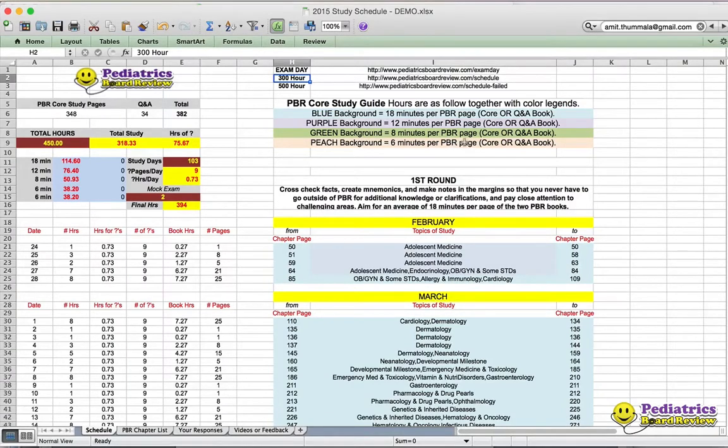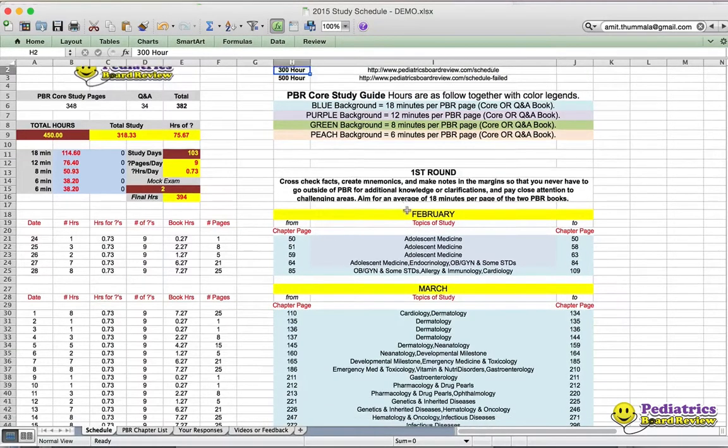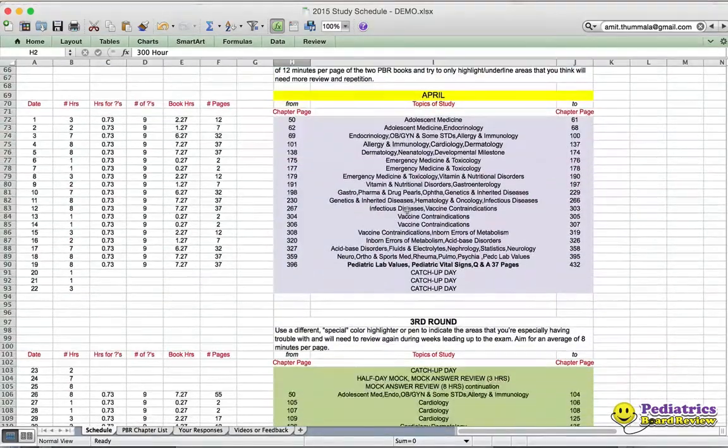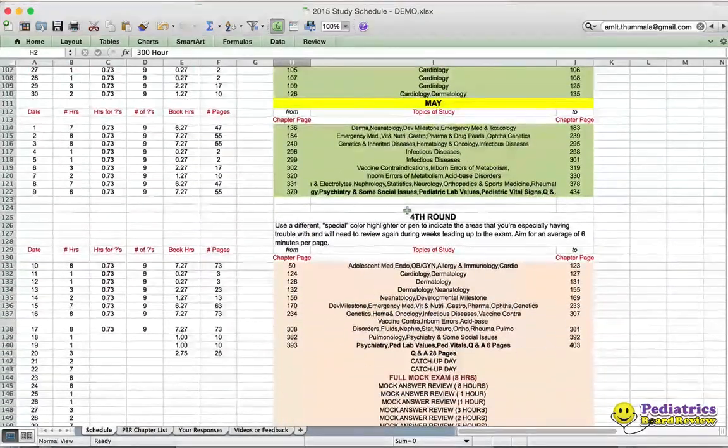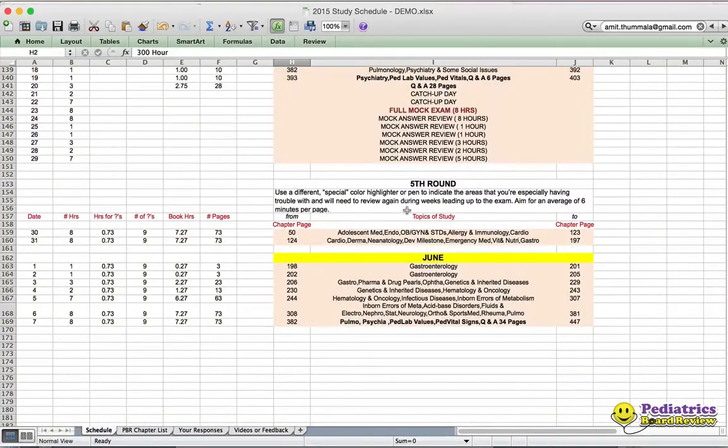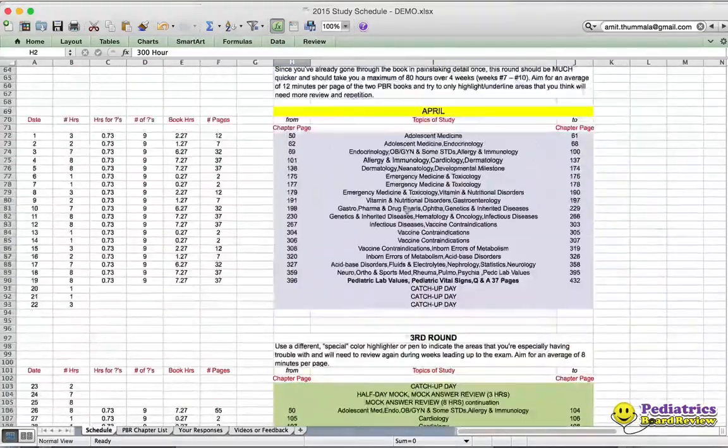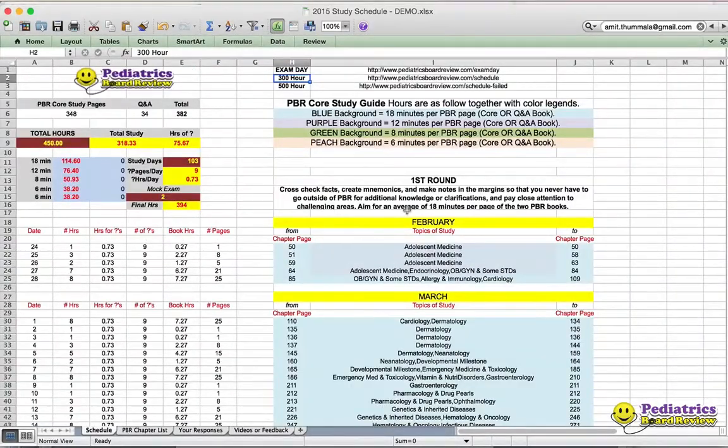And then over here, what you're going to see is different colors, and they're going to represent these different blocks that we were able to create for you based on how much time you have within the 90 days and us moving you through different rounds based on your speed on each page. Initially, we anticipate it's going to take someone 18 minutes per page, potentially even 20 minutes per page to get through the core material. After that, it should get faster and then faster and then faster.